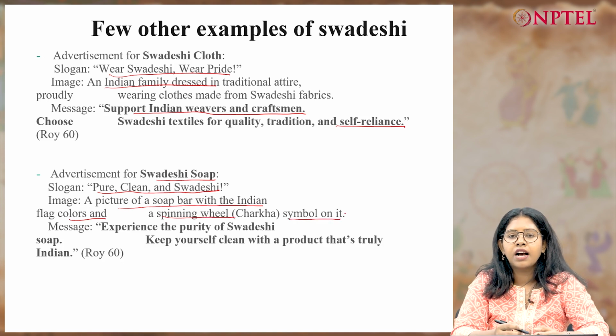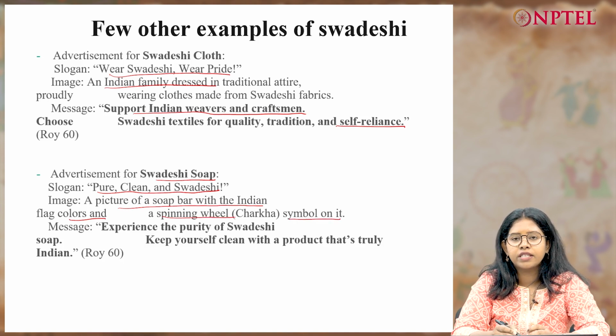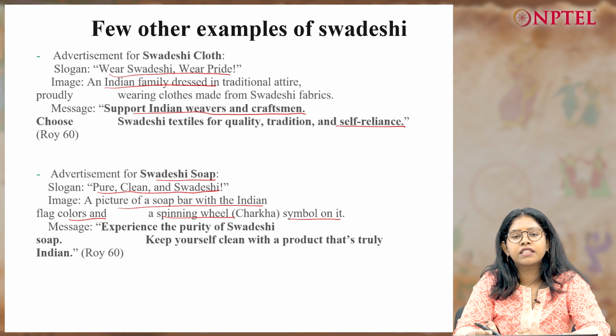Now charkha can be seen in two ways. One, how Gandhi propagated it, and in the other way, when you spin something in a speeding way, that also kind of signifies cleaning something, which the idea was situated in a later advertisement called Wheel.